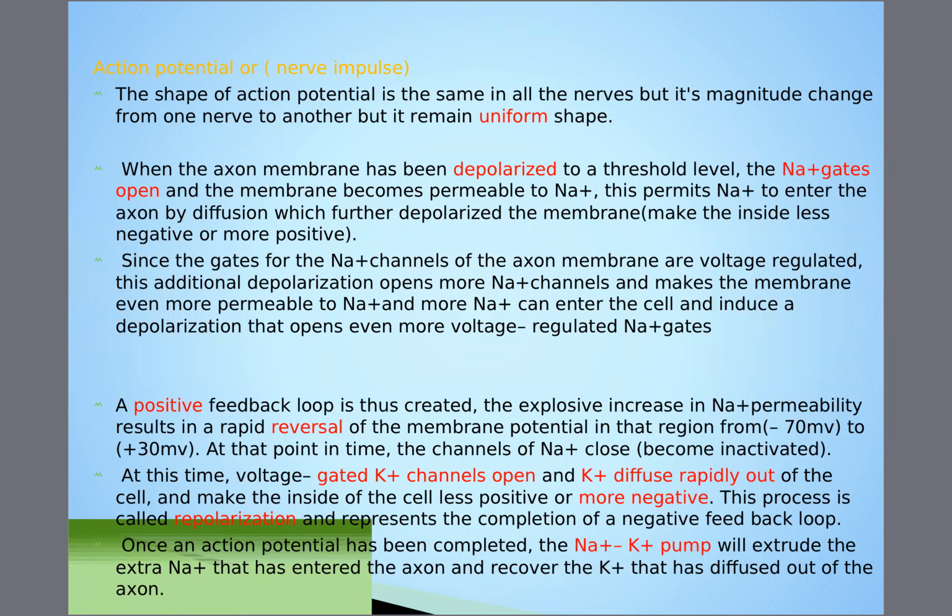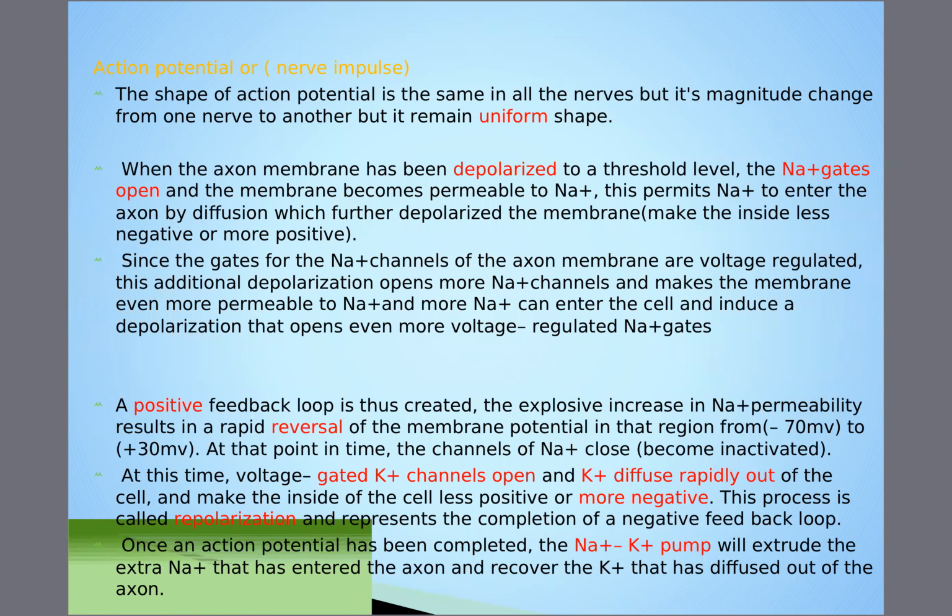Since the sodium channel gates of the axon membrane are voltage regulated, this additional depolarization opens more sodium channels, making the membrane even more permeable to sodium, so more sodium enters the cell and opens even more voltage-regulated sodium channels. A positive feedback loop is thus created.